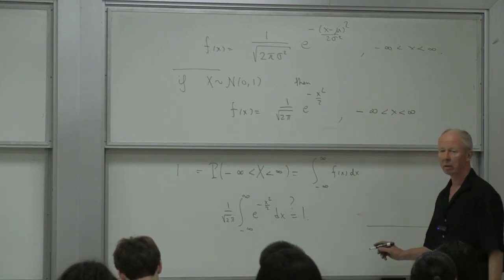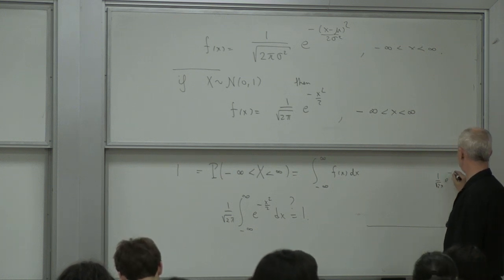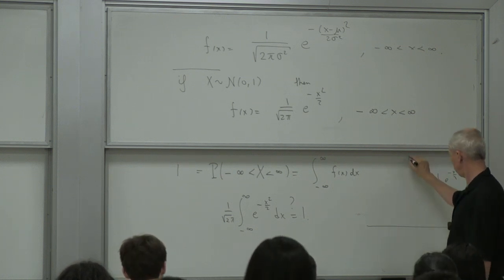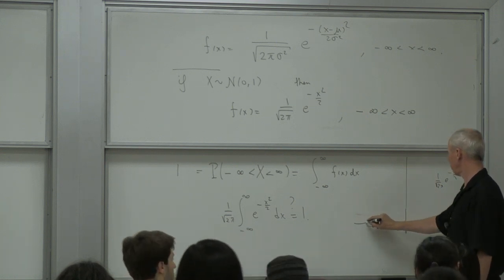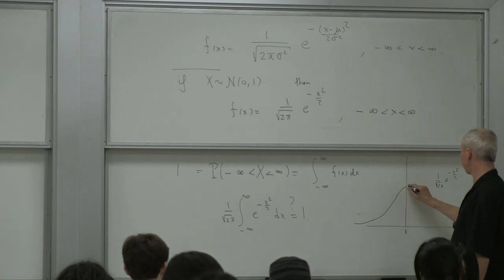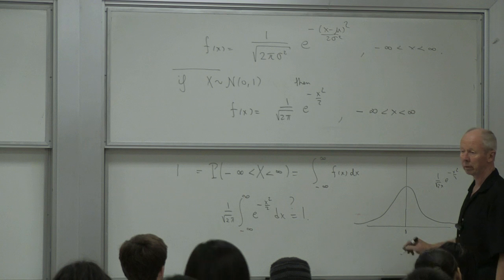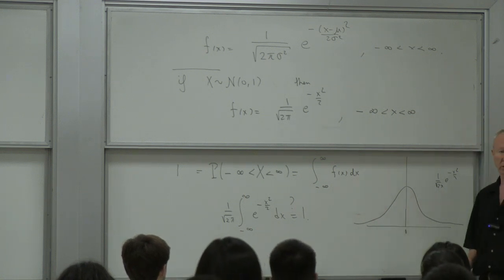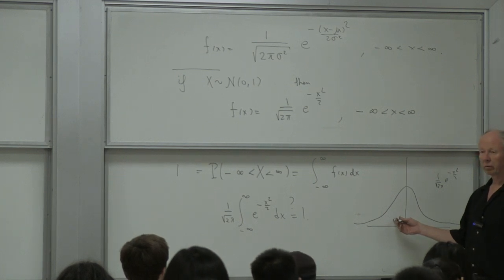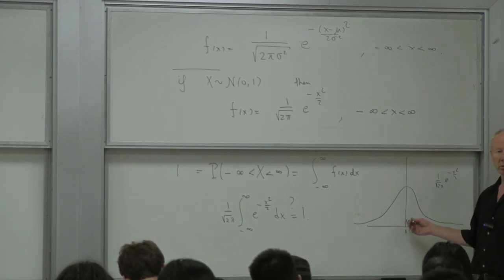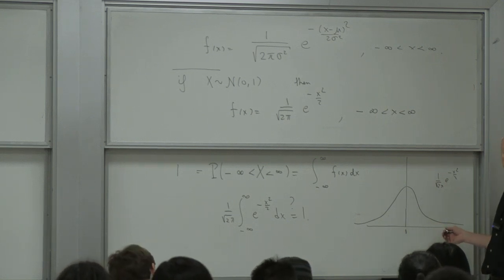This is an even function. It goes to 0 at plus or minus infinity, and its value at plus x is the same as its value at minus x because you square x. X squared and minus x squared are the same. So it looks like that. So the integral over the interval from minus infinity to 0 would be equal to the integral over the interval from 0 to infinity.